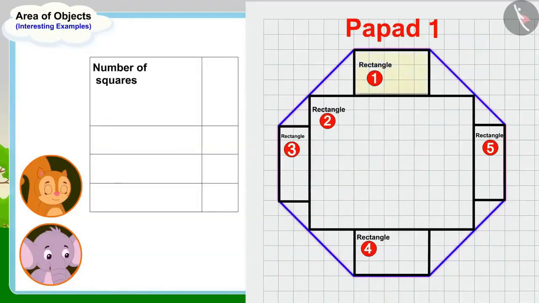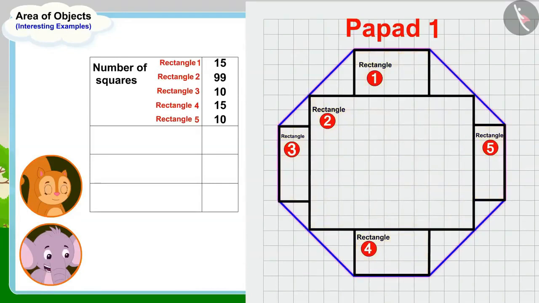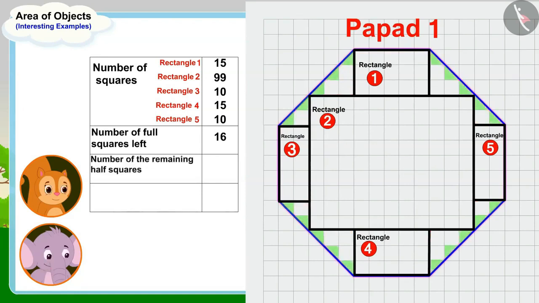Now I will write down the number of squares that fall into these rectangles. Now I will write the number of full squares left, 16. And finally the number of the remaining half squares, 20, which is equal to 10 full squares.